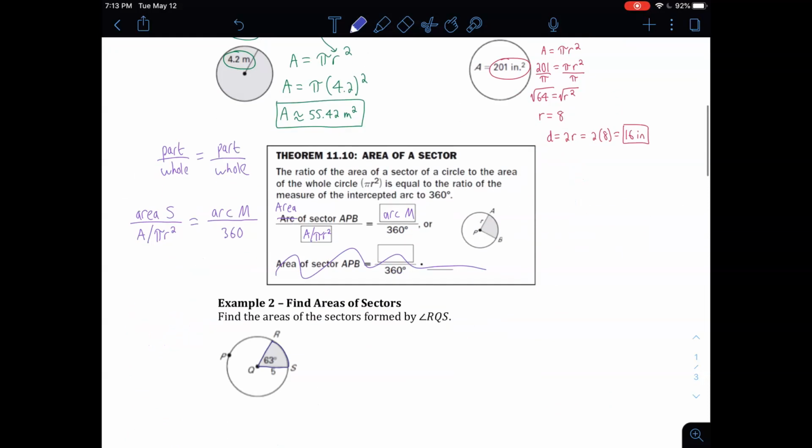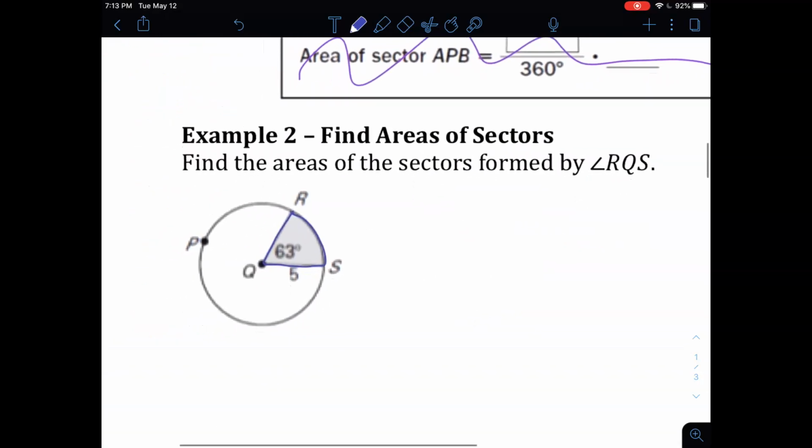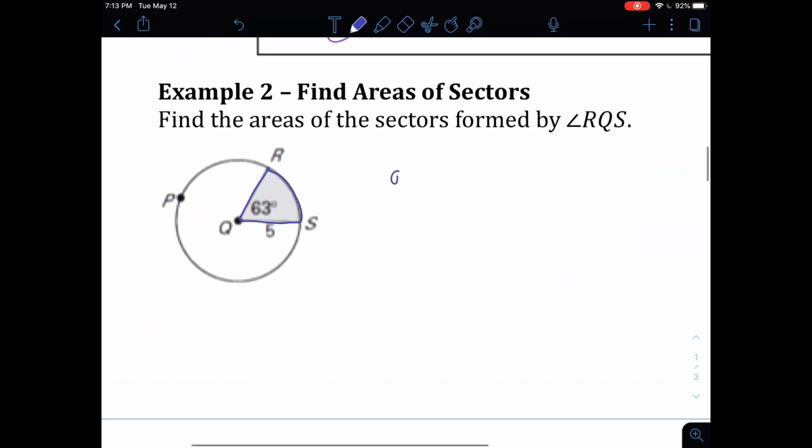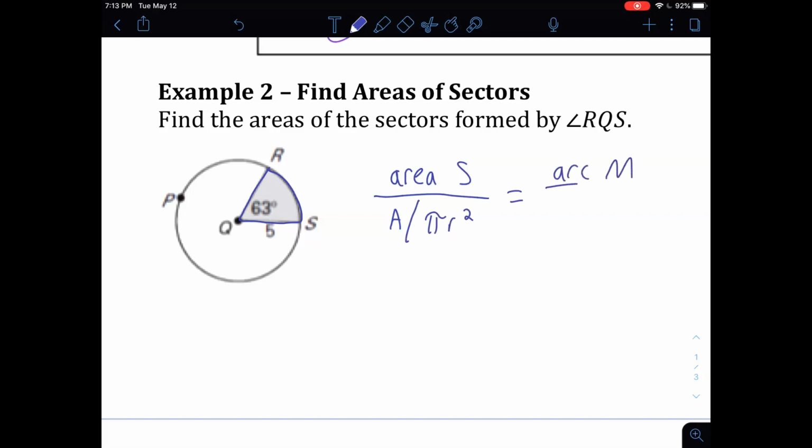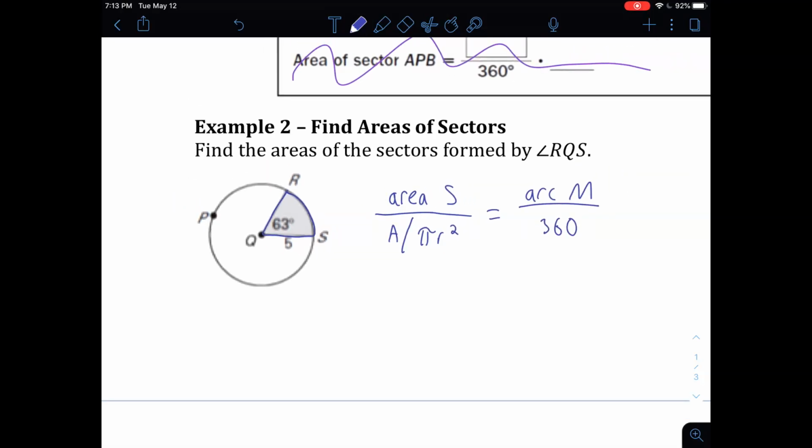All right. If you're using part of the circle like we're doing down here, we're going to be using the area of the sector over area, pi r squared. That's going to equal arc measure all over 360. Okay. So, do we know the area of the sector, or is that what we're looking for? That's what we're looking for. I'm going to call that x over.